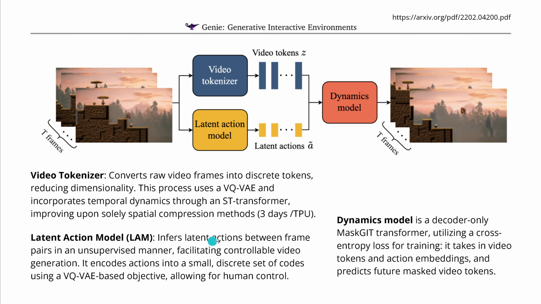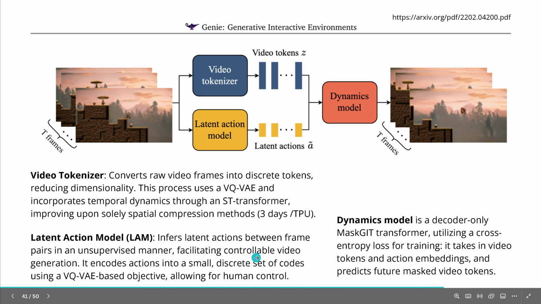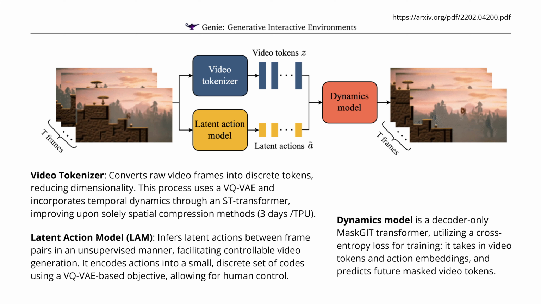So what you do, you facilitate controllable video generation. You encode your action into a small discrete set of codes using, again, what a surprise, a vector quantized variational autoencoder based objective, allowing for future human control. Because when the system has learned and knows exactly what actions are possible if you give it a specific image, then it just will feed it forward to the dynamics model.